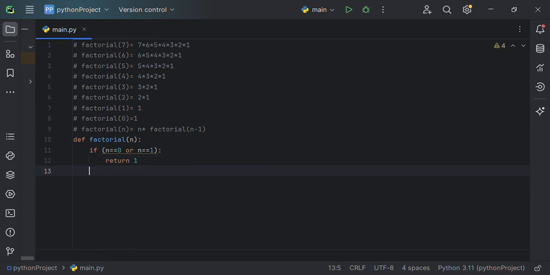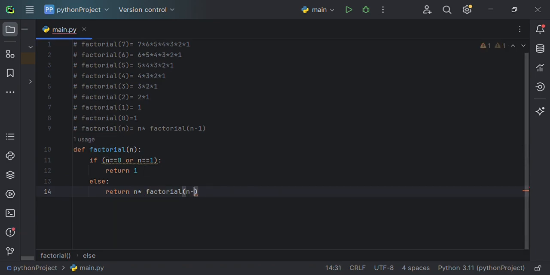Then if our n is not 0 or not 1, we say else, return n multiplied by factorial of n minus 1. Now I'll explain this for you.